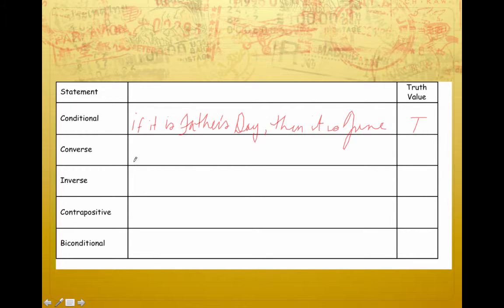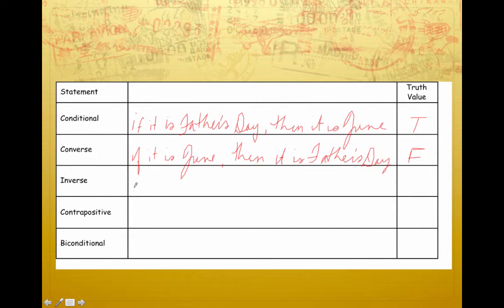The converse would be if it is June, then it is Father's Day. Well, there's a whole lot of June going on that isn't Father's Day. Father's Day is one day of the month, and for example, today it's June, but it is not Father's Day, so that one's false.